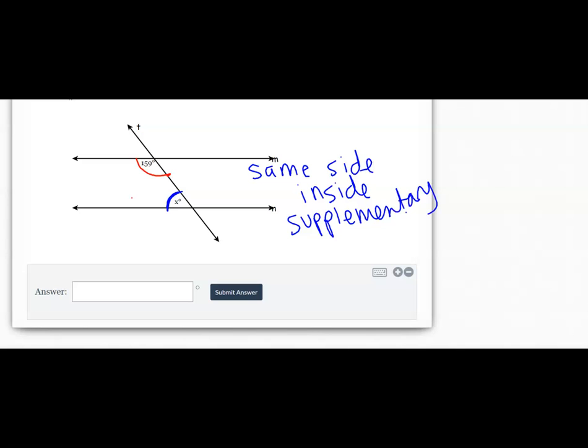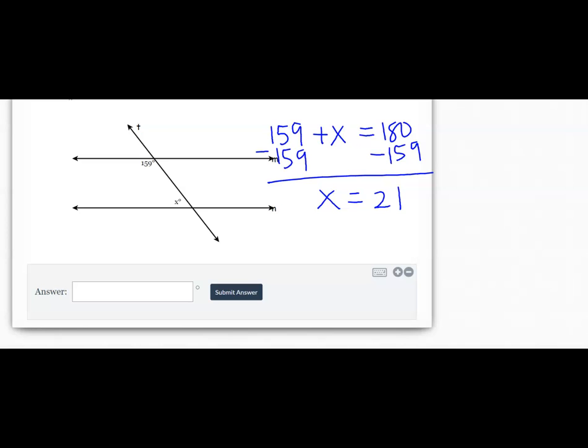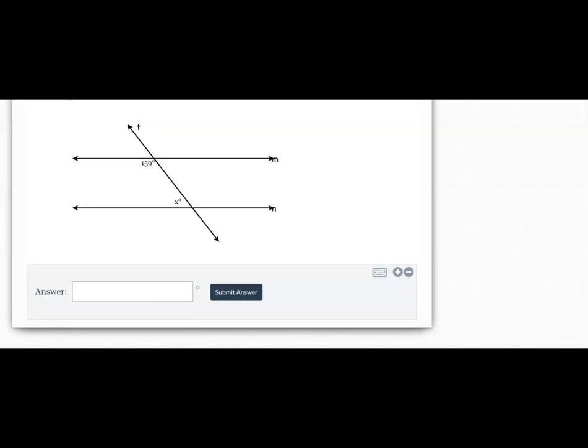So that means that 159 plus x is equal to 180. Use your inverse operations that we just practiced in the last lesson. Use your calculator if you need to. 21 degrees.